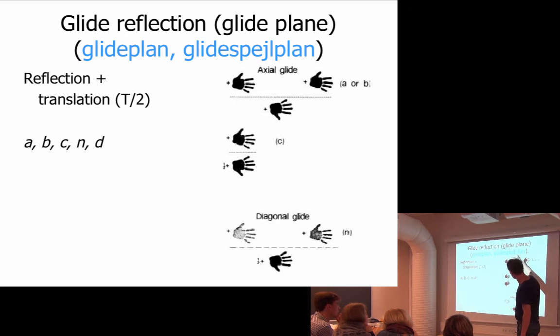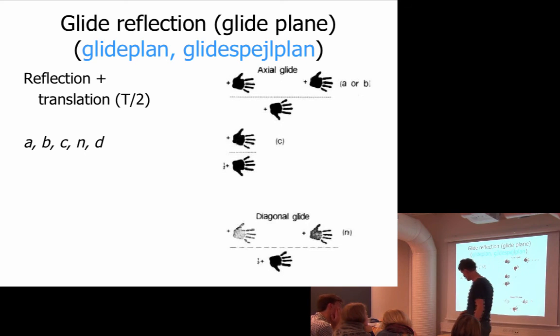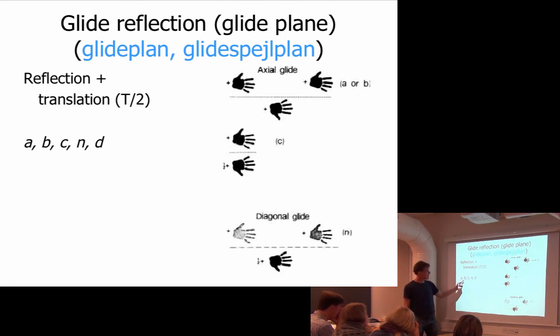So we are gliding along here, and then we have a mirror. And there are different versions of those. There are those that are along the unit cell axis, but there are also some that are diagonal to the unit cell axis.